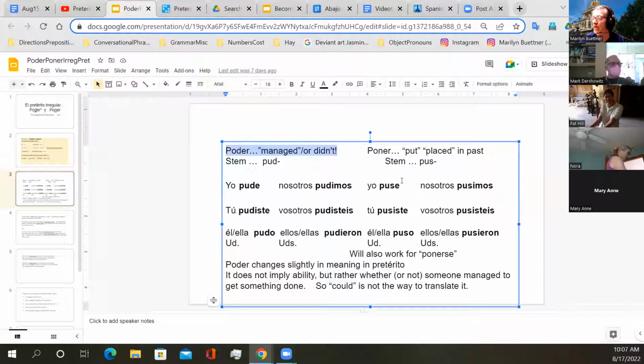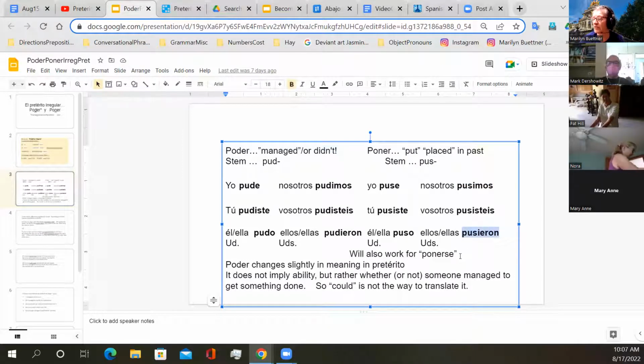And then for poner, of course, it will just mean put. So you put something yesterday, you put something an hour ago back in the closet, something like that. We get puse, pusiste, puso, pusimos, and pusisteis in Spain, but pusieron.